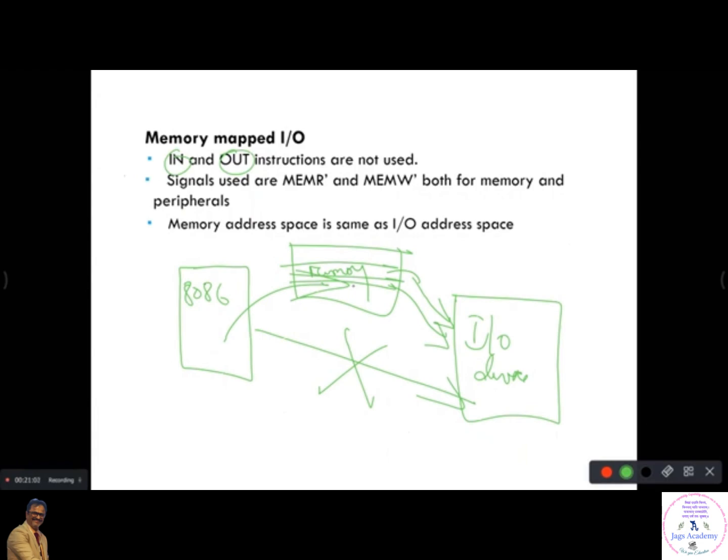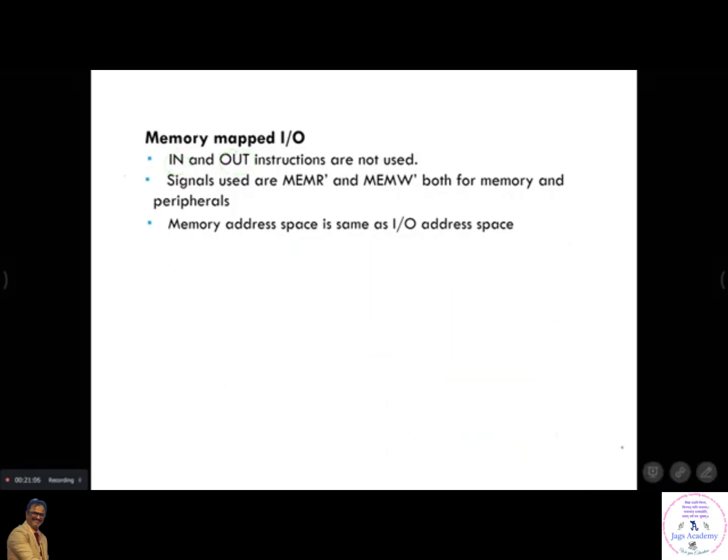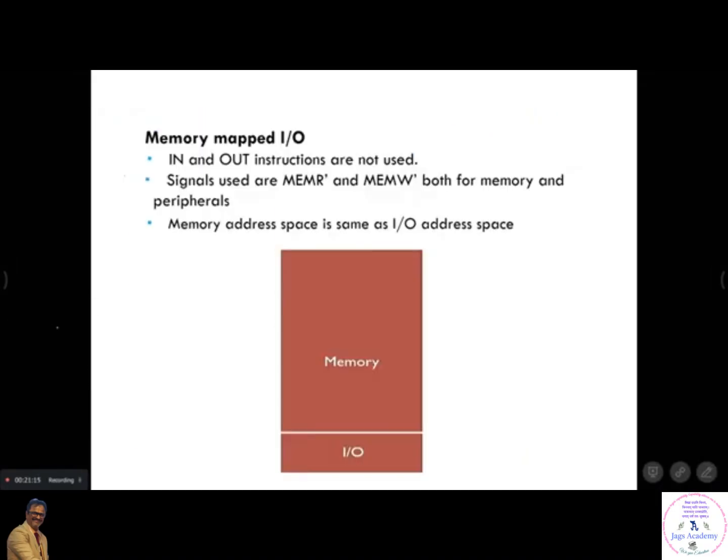Now you understood how to interface the data read and data write to microprocessors. This is what I have told you. It will directly say this is the total memory. In that memory, some of the memory spaces are reserved for IO operation. What is the meaning of reserving this memory for IO operation?